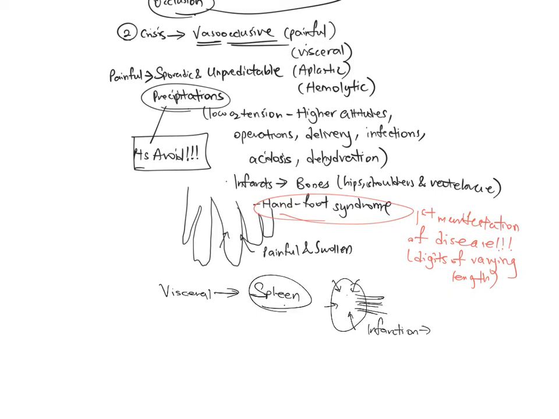And if not treated rapidly, it could result in fibrosis, and eventually what we call autosplenectomy. The word auto means self, and splenectomy means removal. So when the spleen has no more function left, essentially it is akin to removing the spleen.